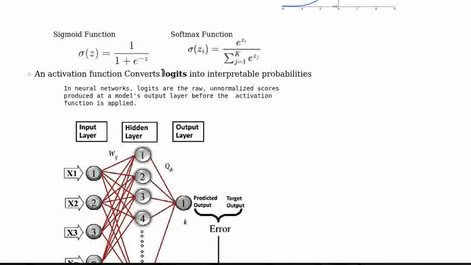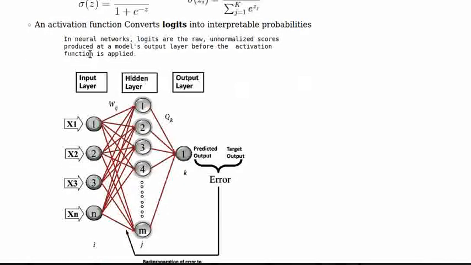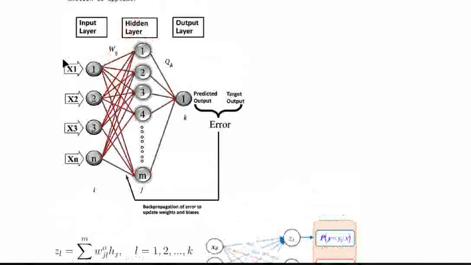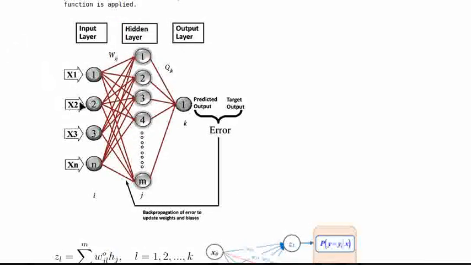Now let's see what a logit is. An activation function converts logits into interpretable probabilities. In neural networks, logits are the raw unnormalized scores produced by a model's output layer before the activation function is applied. So this diagram shows a multi-layer perceptron, MLP.